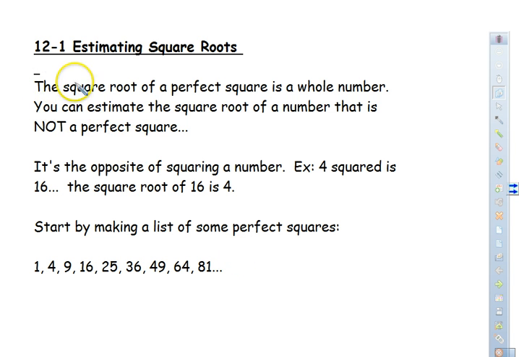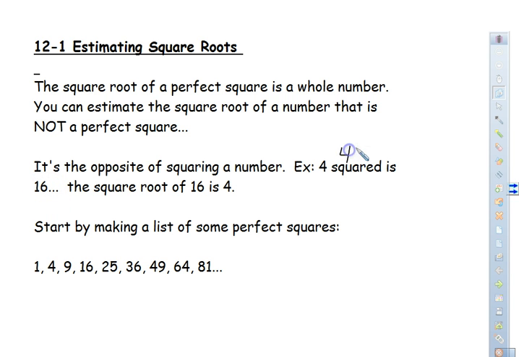It says the square root of a perfect square is a whole number. You can estimate the square root of a number that is not a perfect square, and that's what we're going to do today. It's the opposite of squaring a number. For example, 4 squared equals 16.